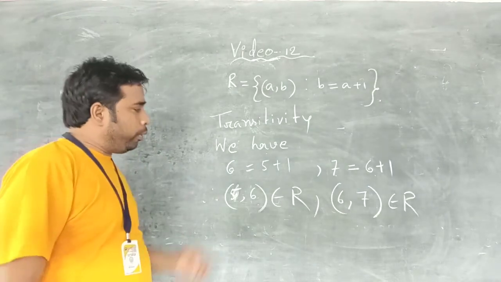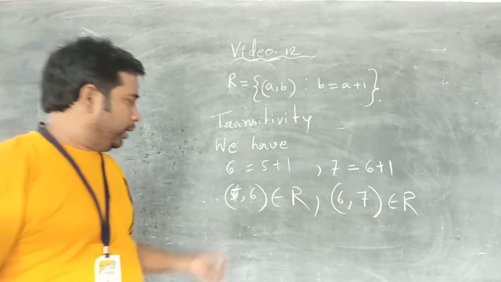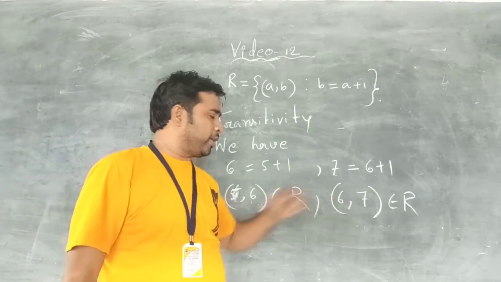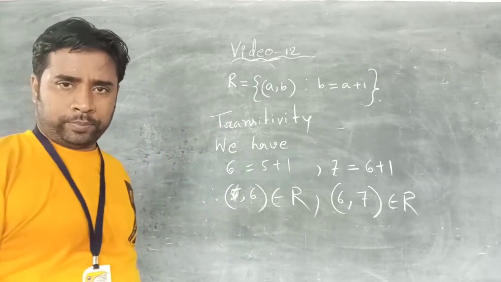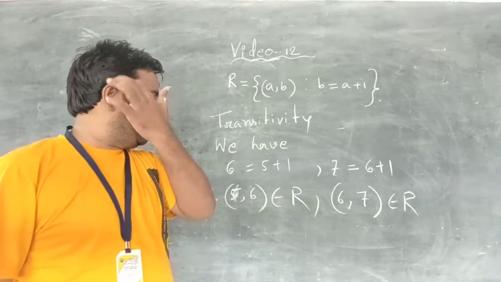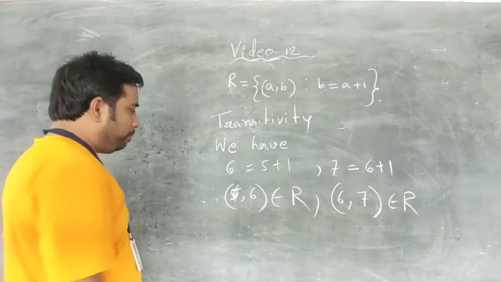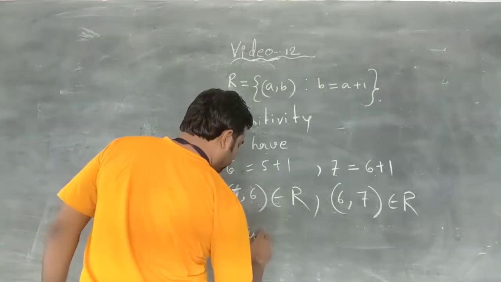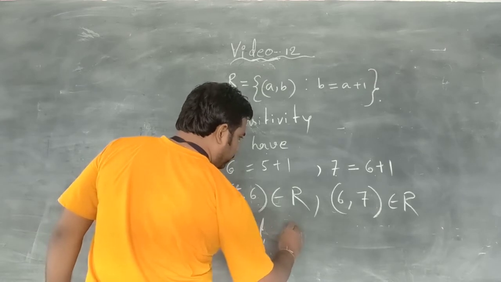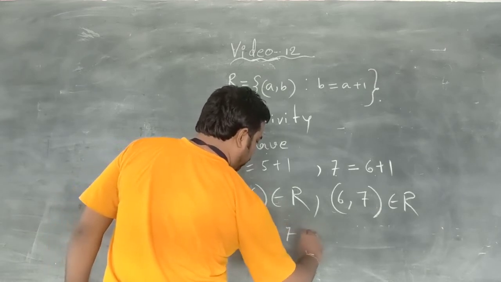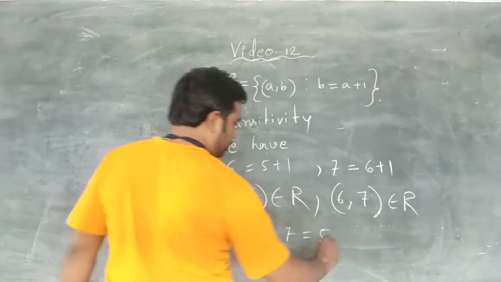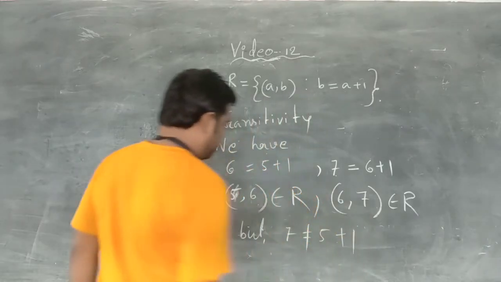Okay, now according to the rule of transitivity, the second element of the first pair and the first element of the second pair should be the same. Now according to the rule of transitivity, 5 comma 7 must be there in R, but 7 equal to 5 plus 1 is not correct.